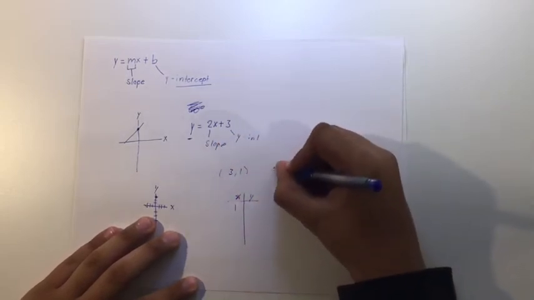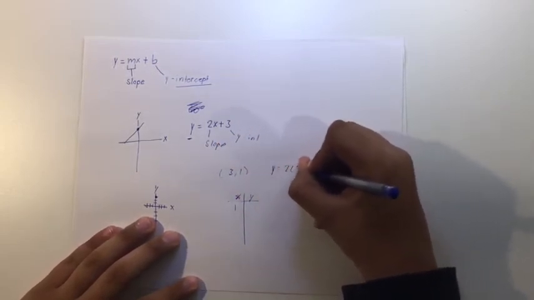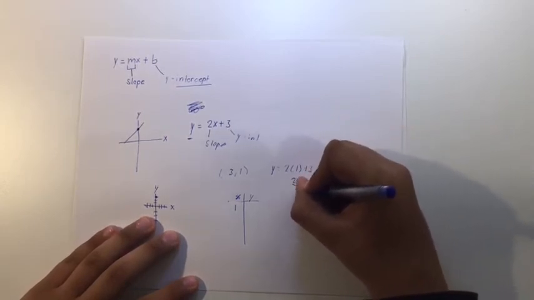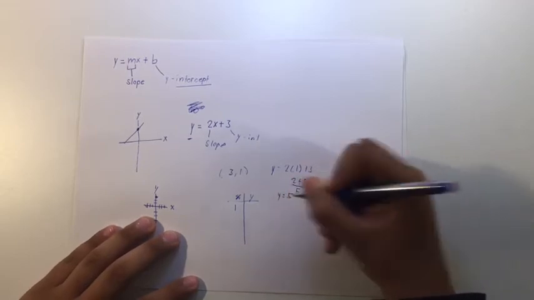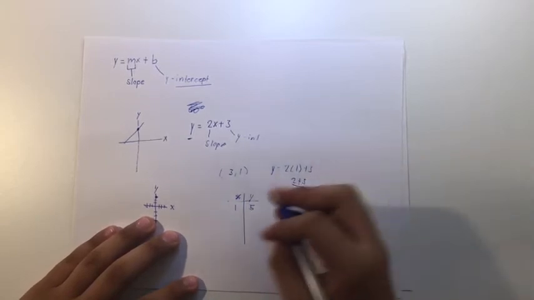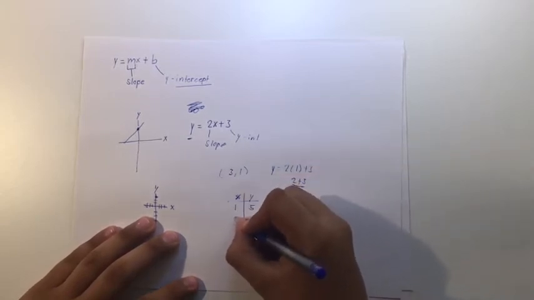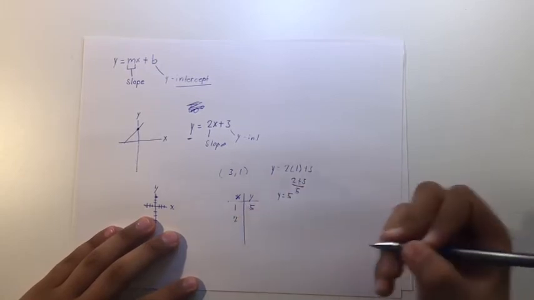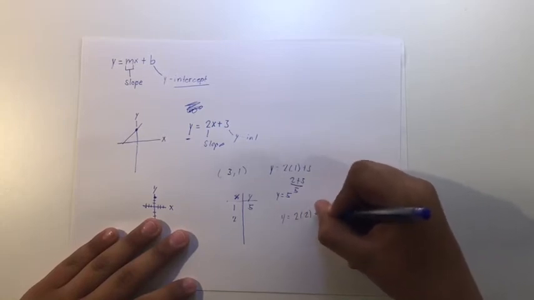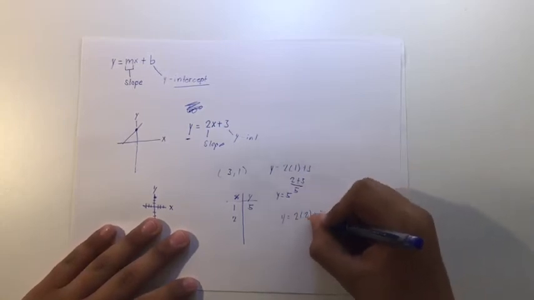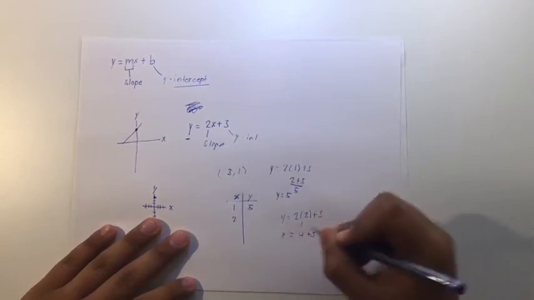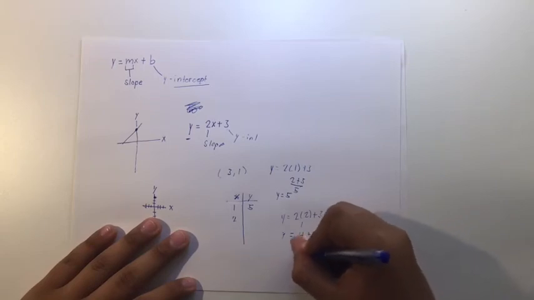You plug it into the equation, so y equals 2 times 1 plus 3, which is 2 plus 3 equals 5, y being 5. And you can use 2 as x: y equals 2 times 2 plus 3, so 4 plus 3 is 7, with y being 7.